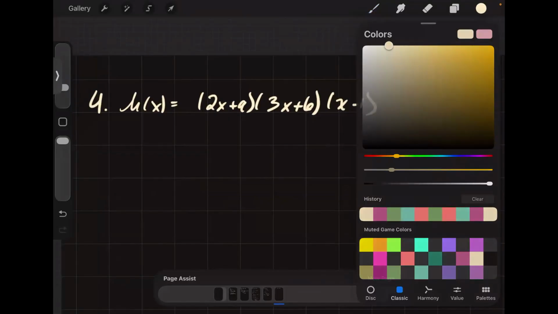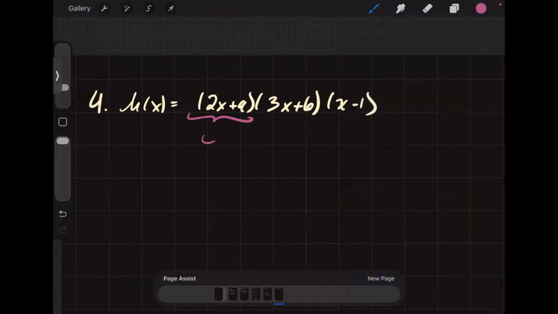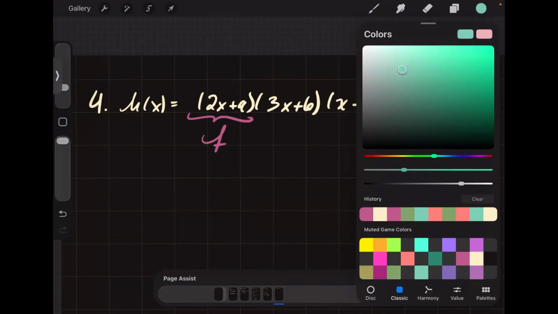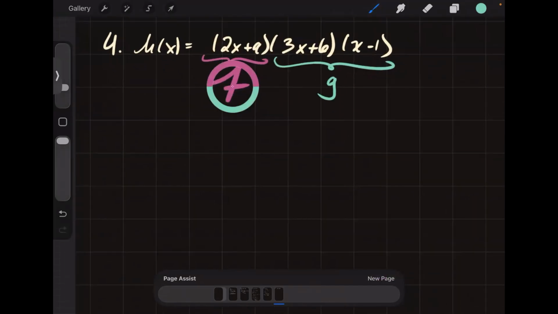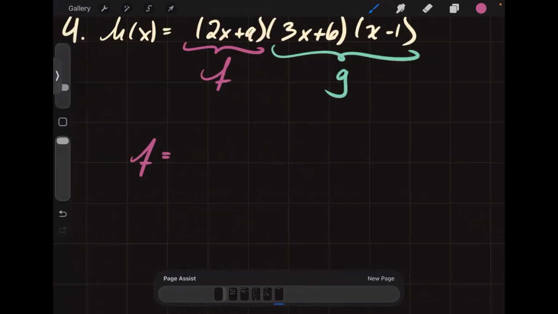Okay. So hint number 1, I'm going to call this f, and I'm going to call this whole thing g. Okay? And again, feel free to pause this as you work it out. I'm going to slowly work this problem out for you.